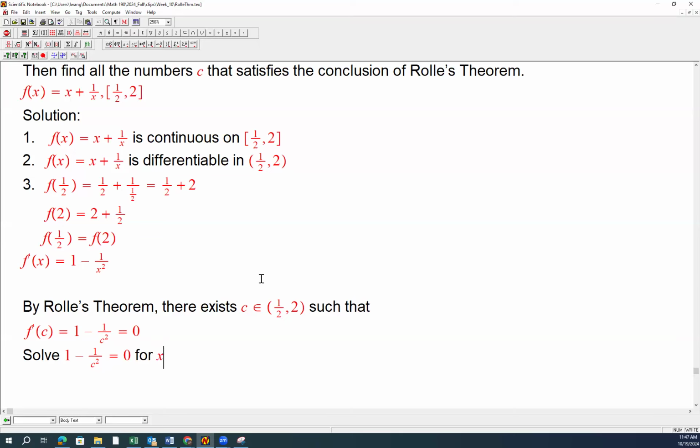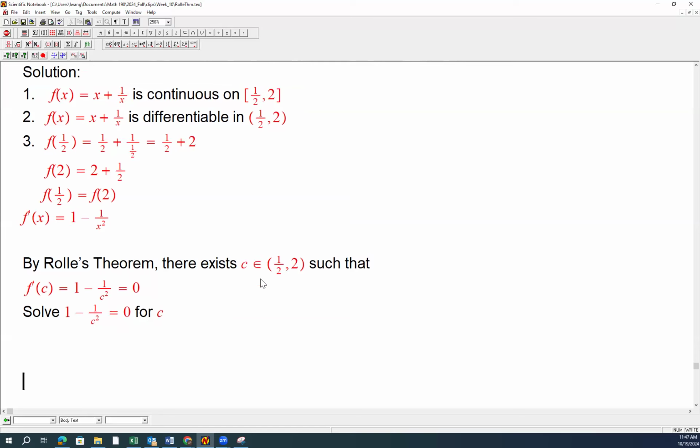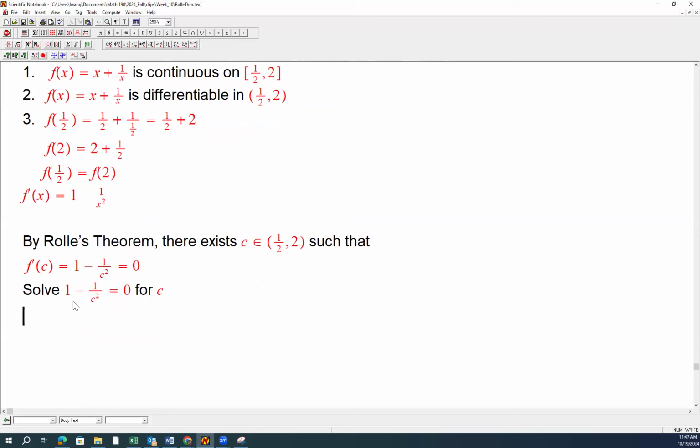Let's see what we got. From this equation, we got 1 equals 1 over c squared, and that means c squared is equal to 1.